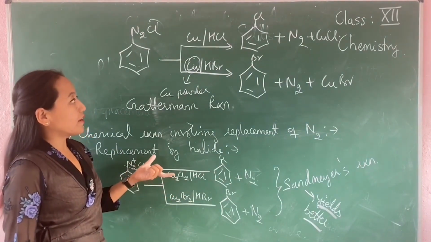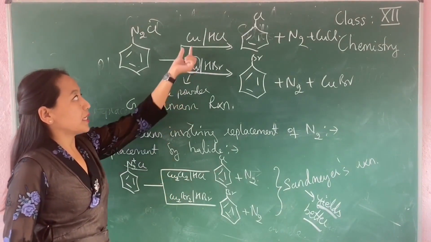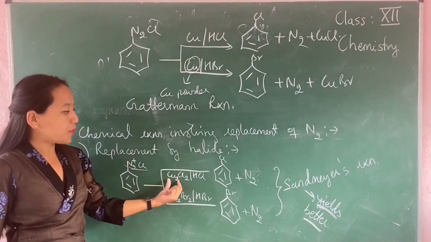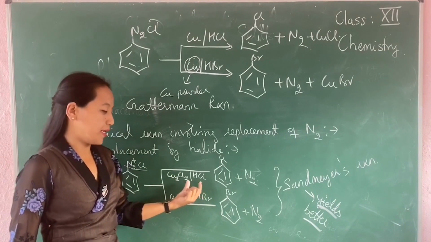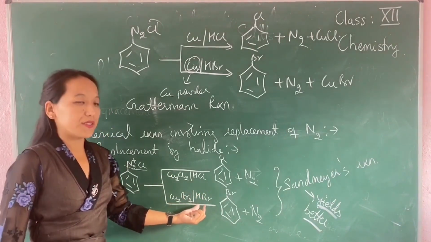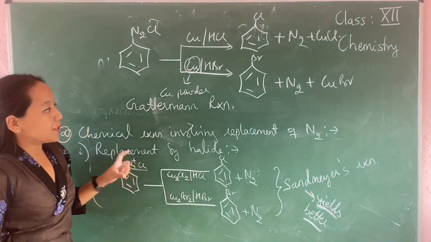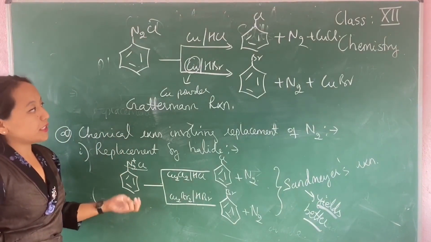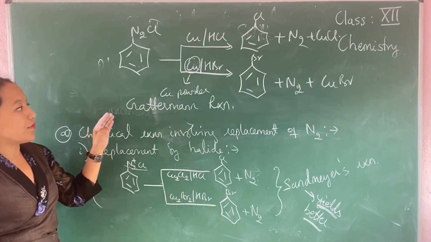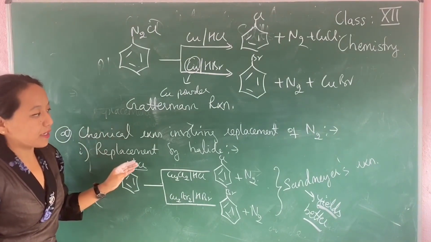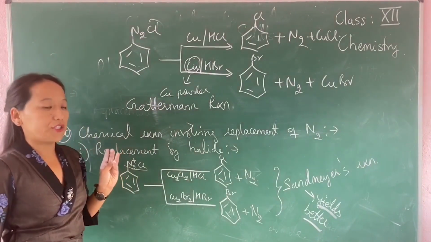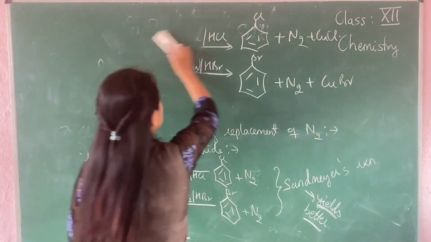But the only thing is, in the Gattermann reaction you are taking copper in the presence of HCl, whereas in this case you are taking cuprous chloride in the presence of HCl and cuprous bromide in the presence of HBr. So this makes the difference between Gattermann reaction and the Sandmeyer's reaction. And if you compare the yield of Gattermann reaction and Sandmeyer's reaction, Sandmeyer's yields better compared to Gattermann reaction. Next one will be replacement by iodide.